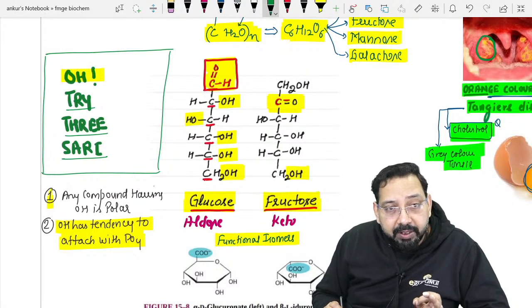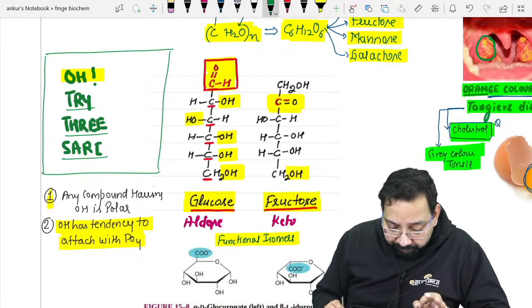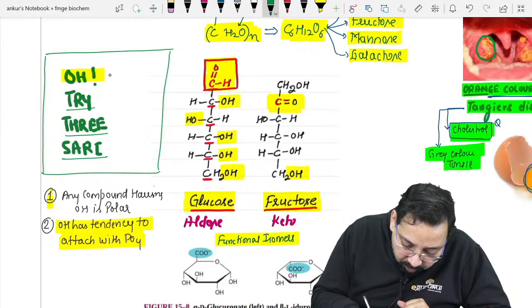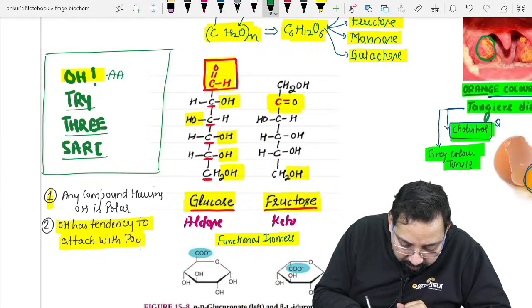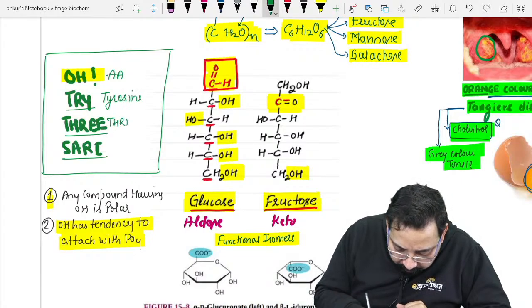OH means OH-containing amino acid, try means tyrosine, 3 means threonine, sari means serine.